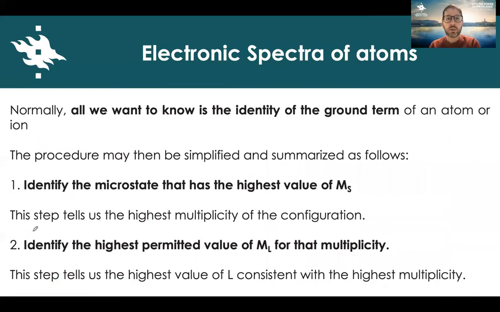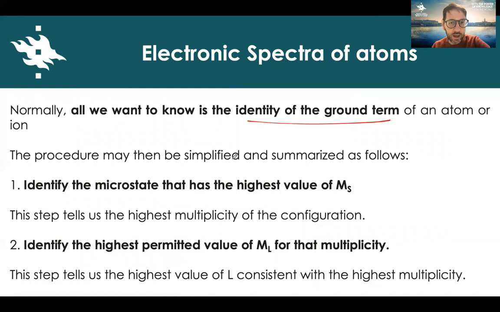All right. So when we are interpreting this electronic spectra and we want to see what are the spectroscopically distinguishable energy levels, all we want to know is the ground term. So it's very important to be able to identify what's the ground term.